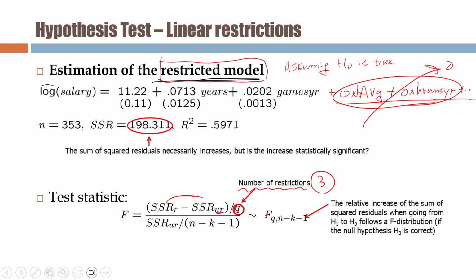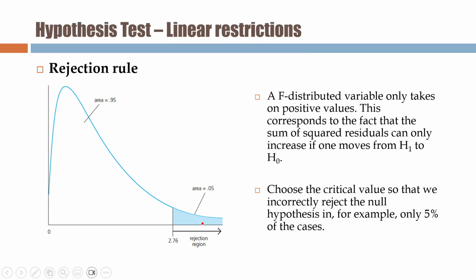So you look for the F, and then if our F is bigger than the critical F, the F table has 2 degrees of freedom, so Q and n minus k minus 1. So the rejection rule is the same.